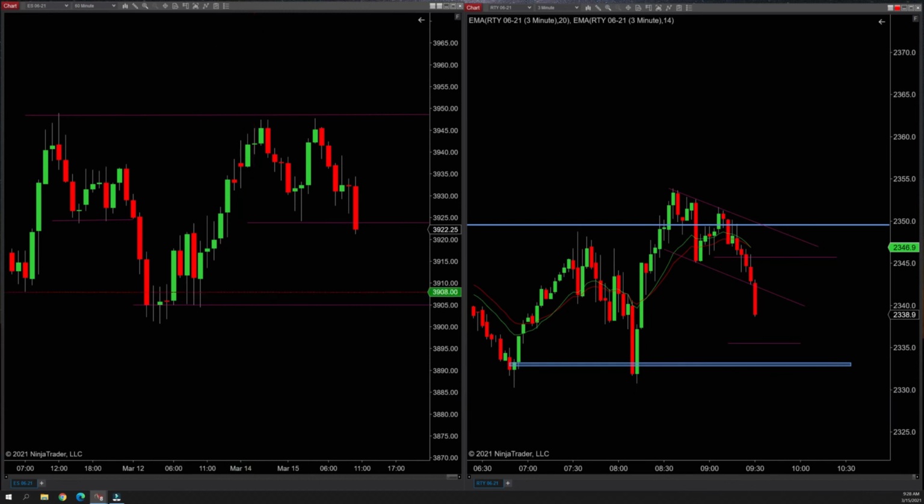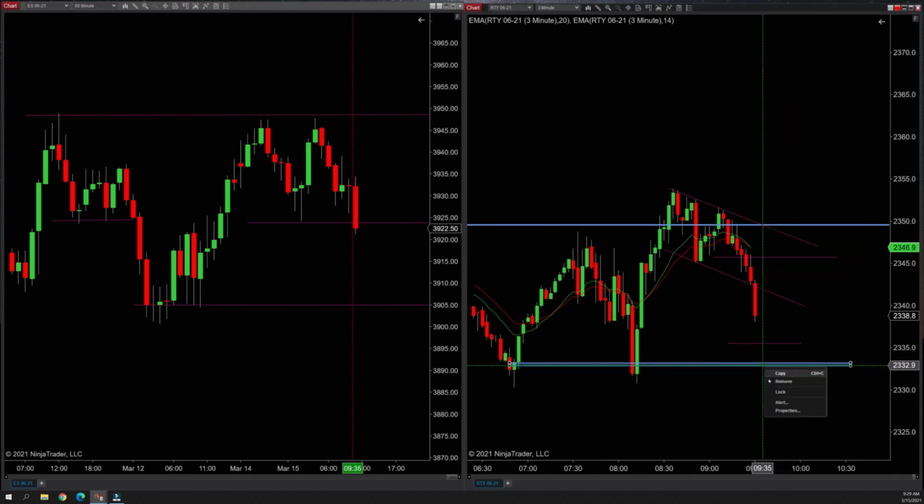I've got very good follow through here with the ES right now, so that's good. And if I get lucky enough to get 1.5 times my risk, I'll probably take some contracts off there. 23.32.1. Let's get this out of here.